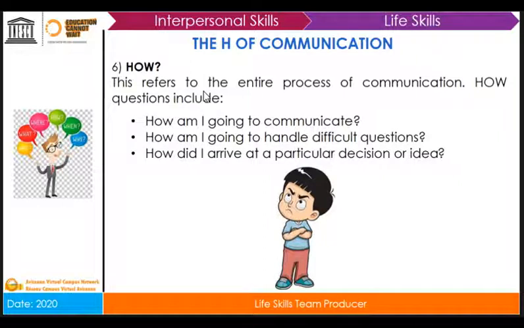I repeat, H in communication stands for how. And how refers to the entire process of communication. Once again, how refers to the entire process of communication.